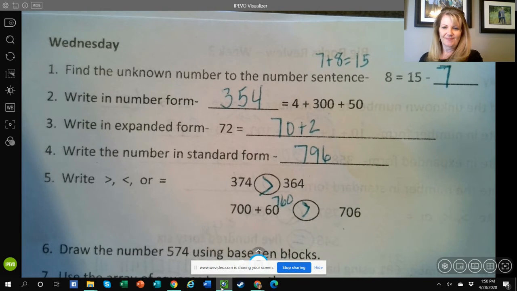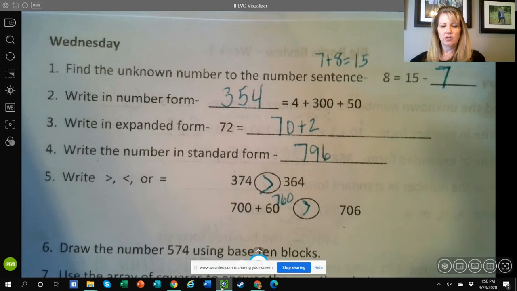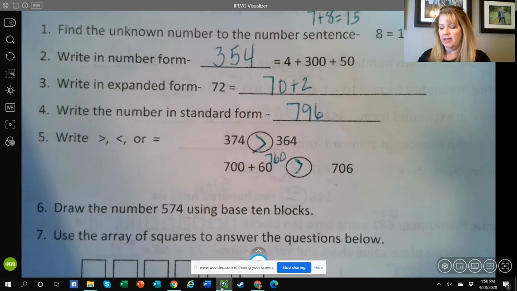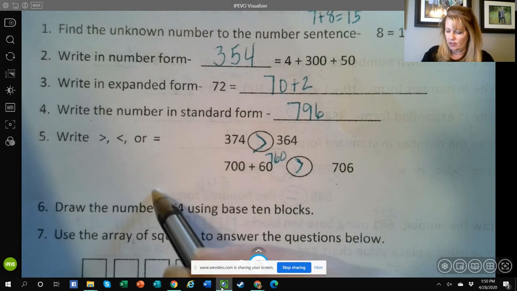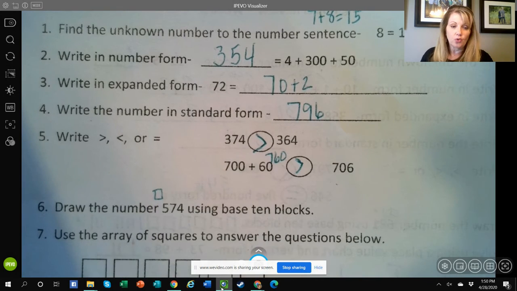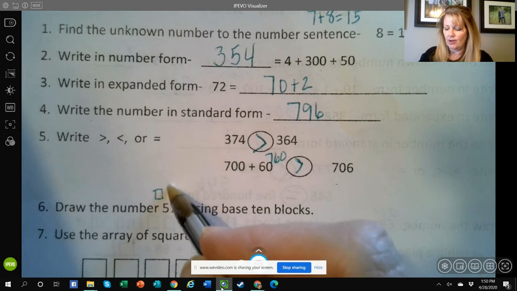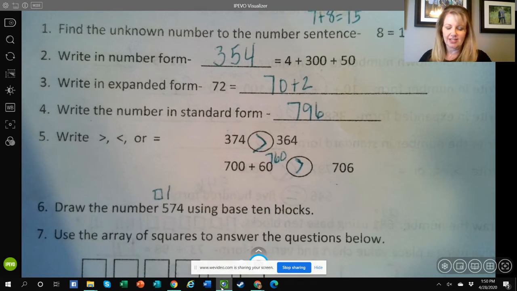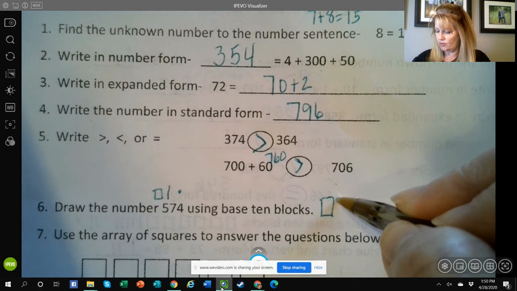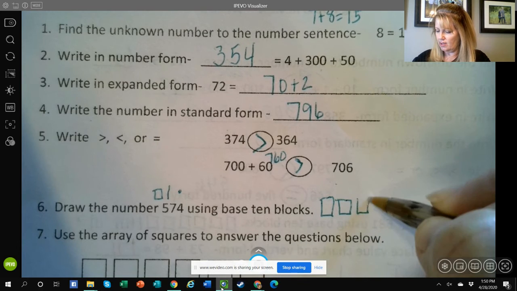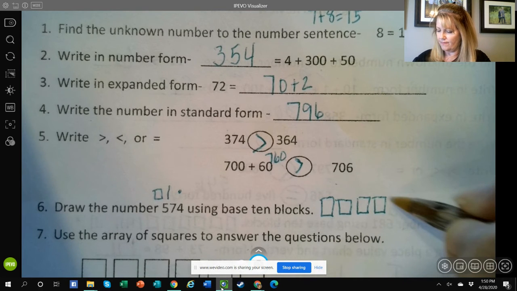Okay, now down below on number 6, it says draw the number 574 using base 10 blocks. So our hundreds are the squares or boxes, our tens are sticks, our ones are dots. So we have 500, we need 5 boxes. 1, 2, 3, 4, 5.